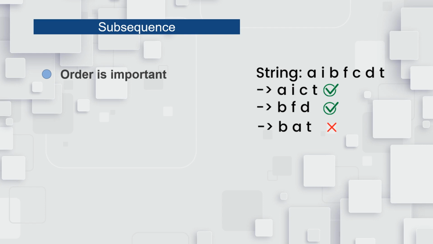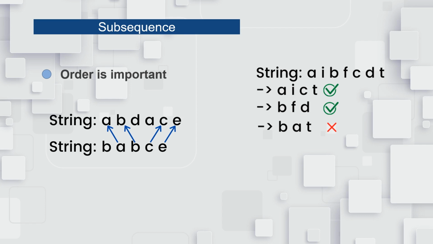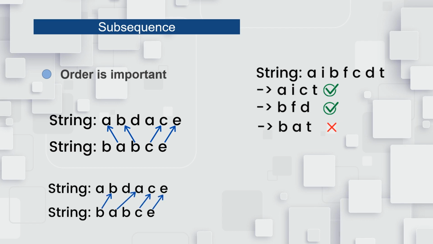Now let's compare these two strings. We see there exists a longest common subsequence and the sequence is 4 length long. But if we select characters in a different way, we also get a different subsequence that is 4 length long.